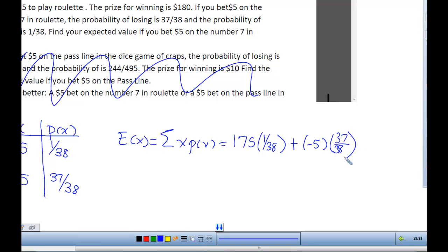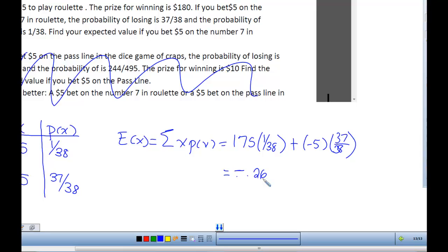So 175 minus 5 times 37. I got negative 0.26. Okay, so first of all, what does that mean?